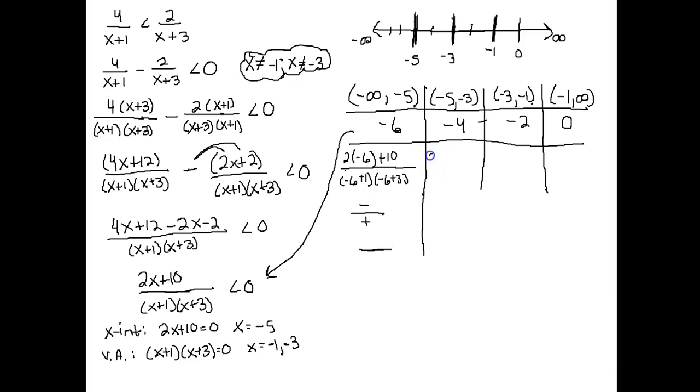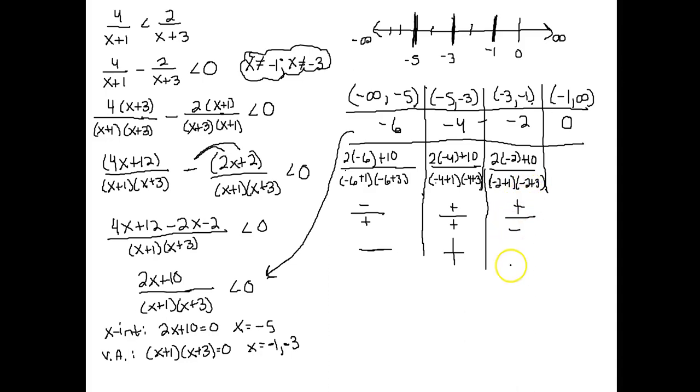If I plug in negative 4, that's positive over positive, so we're talking positive. I plug in negative 2, that's positive over negative, so we're talking negative.